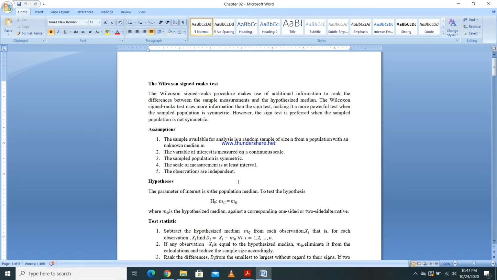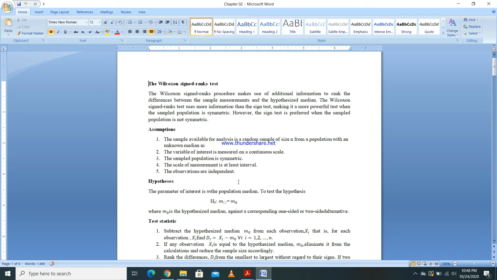Then another important assumption which we didn't find in the sign test is that the sampled population should be a symmetric one. And same as the sign test, the scale of measurement should be at least interval, and the observations should be independent. So all the assumptions we used in the sign test are valid here, with only one additional assumption: the sampled population should be symmetric.